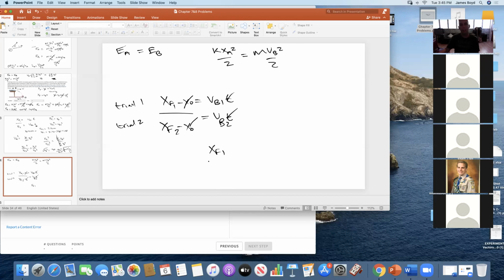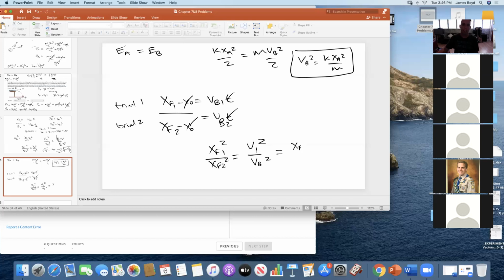So we got x final 1 over x final 2 is equal to v1 over vB. And then I needed to square these just to make it easier. This became vB squared was k xA squared over m. And therefore, this became xA1 squared over xA2 squared.